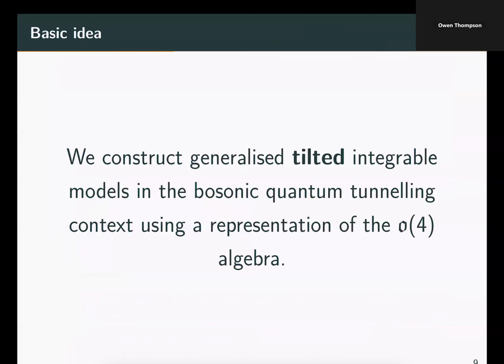Okay, so I'm going to talk now about what we did. We're going to construct our general model and walk through that. The way that we did this was to use a representation of the O4 algebra. In doing this, we managed to build charges in along the way so that you get to the end with enough charges, instead of just adding interactions and then trying to find conserved quantities.